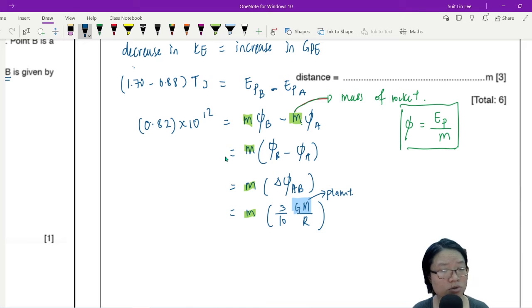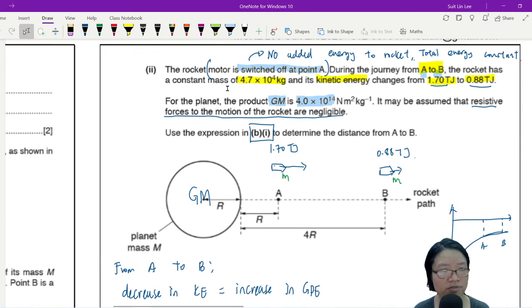So I guess we could substitute now. On one hand, I have 0.82 times 10 to the power of 12. This mass is the mass of the rocket. Let us go and find it. The mass of the rocket is 4.7 times 10 to the power of 4.